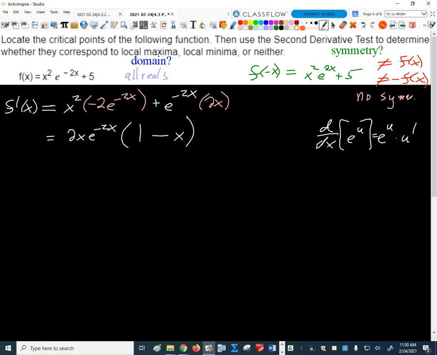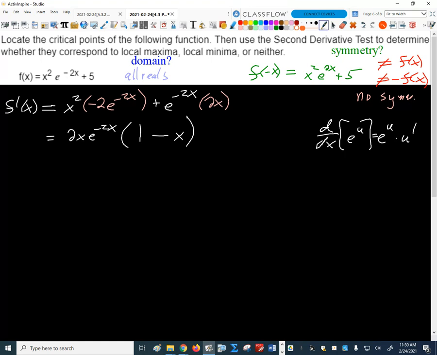That's good. So let's talk about critical numbers for the first derivative. Are there any places where the first derivative is undefined? That's right.